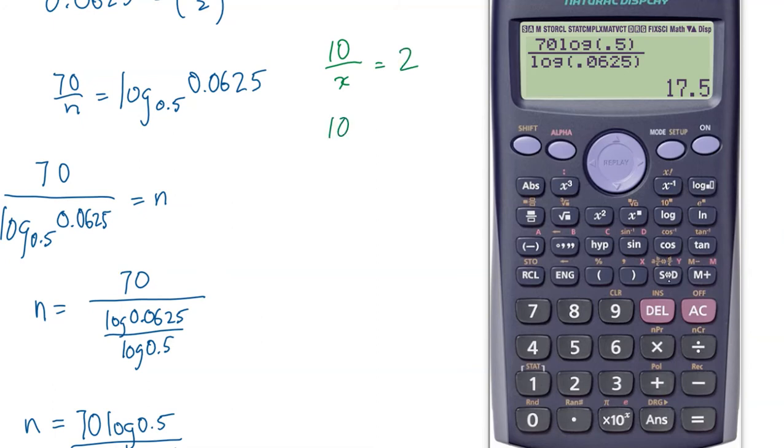Multiply both sides by x. Divide both sides by 2. 10 stays on top. But why doesn't 1 over 10 work? That's what I'm not understanding. 1 over 10? Yeah. I don't know what you mean.